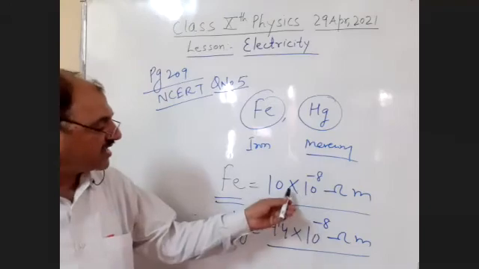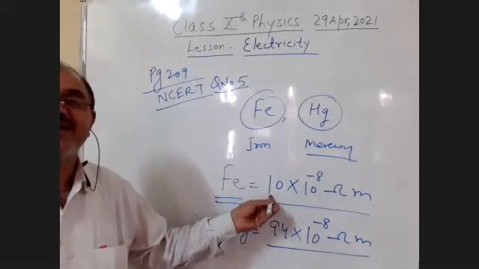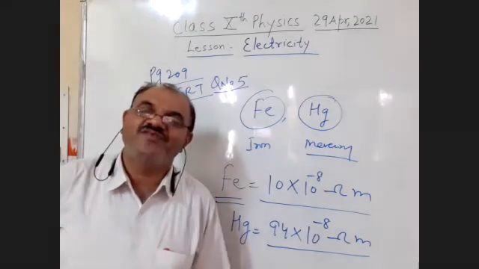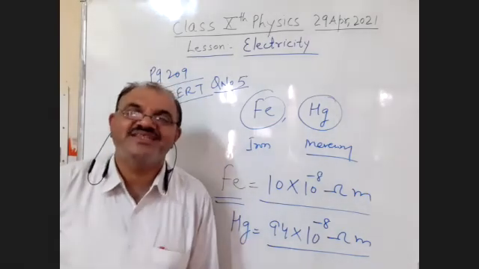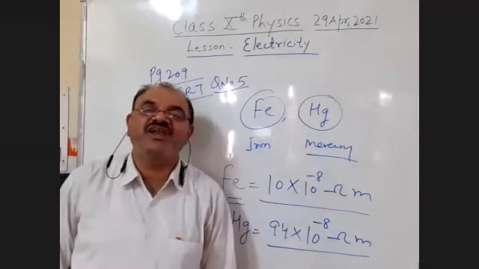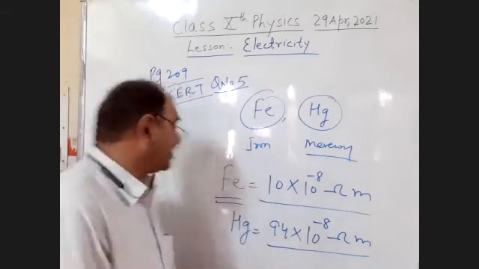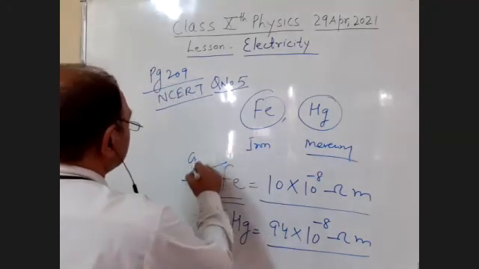If you compare both values, in the case of iron the resistivity is less. Once the resistivity is less, it will allow more current to pass through, and then it is known as a good conductor.